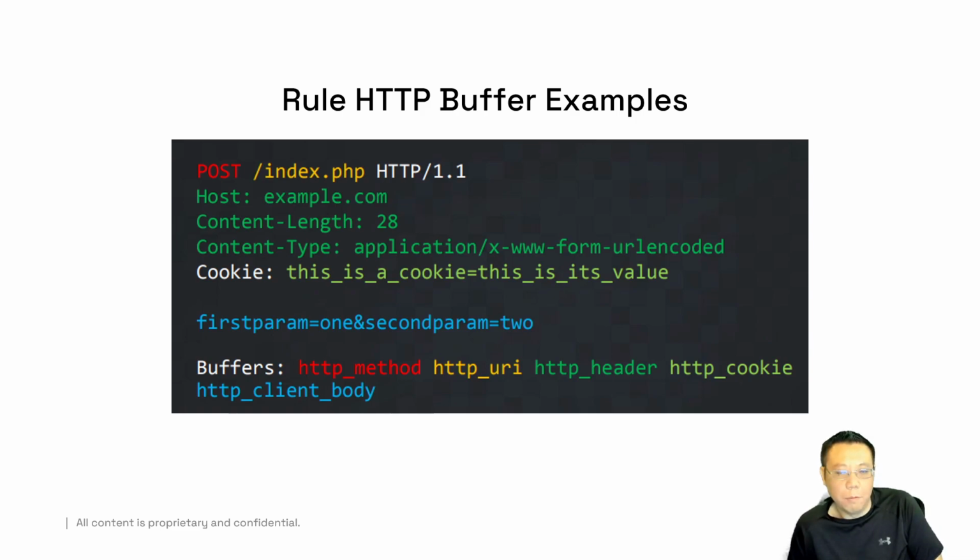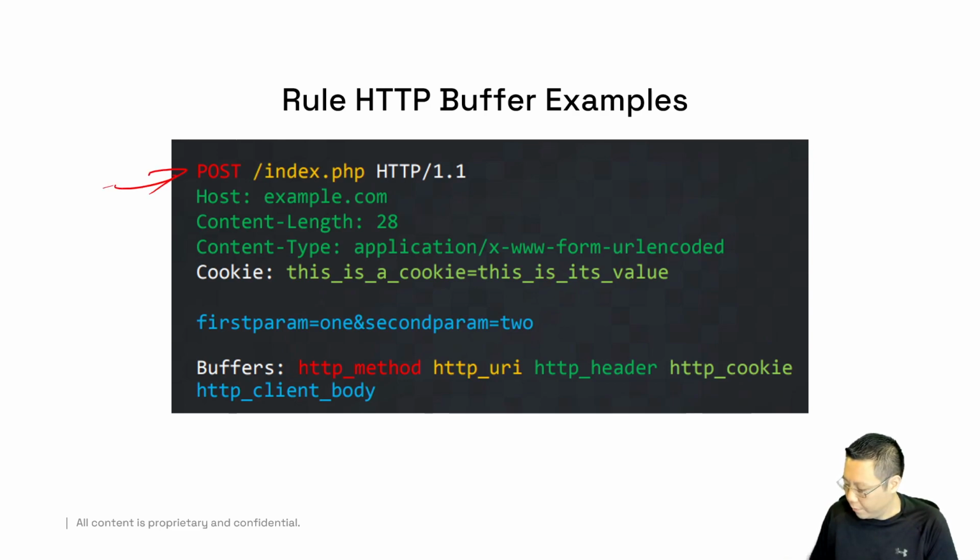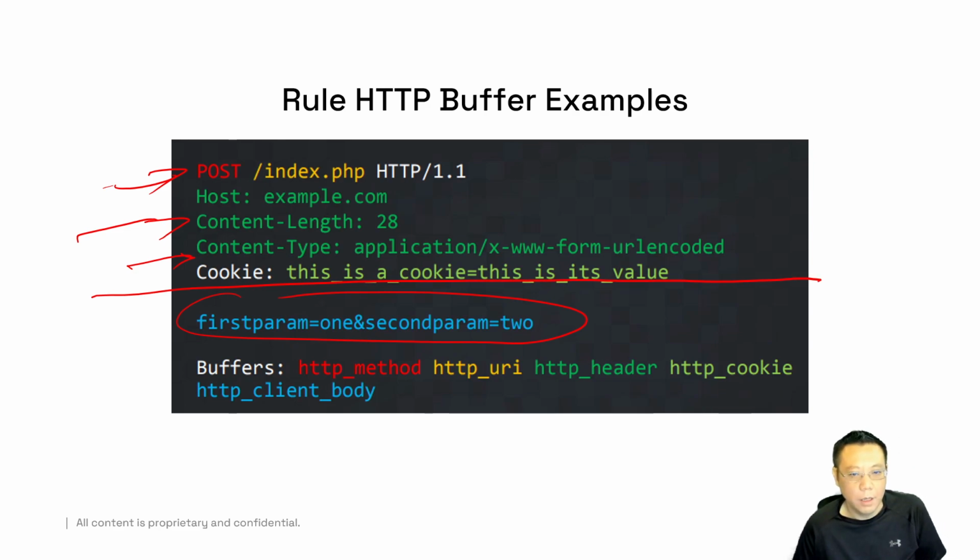Here's an example of multiple buffers based on the HTTP preprocessing: HTTP method right here, the headers themselves, the cookie, and of course the body, which is after all of this processing. You can analyze and reference any kind of content in combination with these different buffers to get your rule more pinpointed and higher performing.